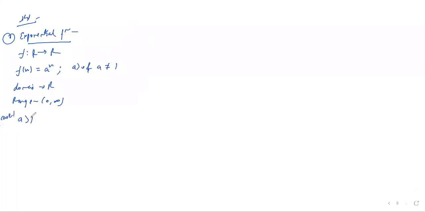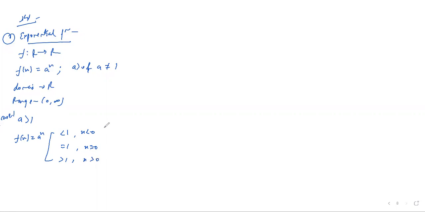If a is greater than 1, then f of x equals a to the power x becomes less than 1 for x less than 0, equals 1 for x equal to 0, and greater than 1 for x greater than 0.